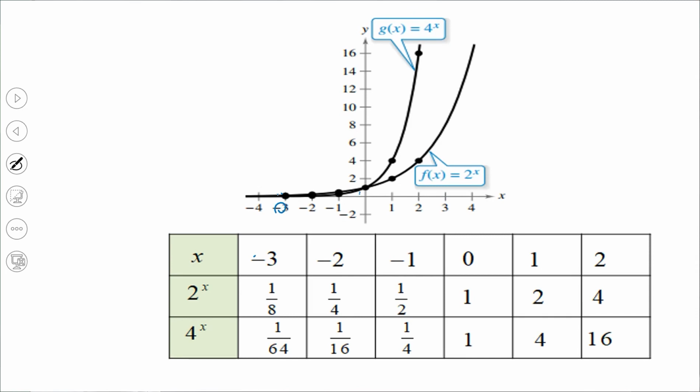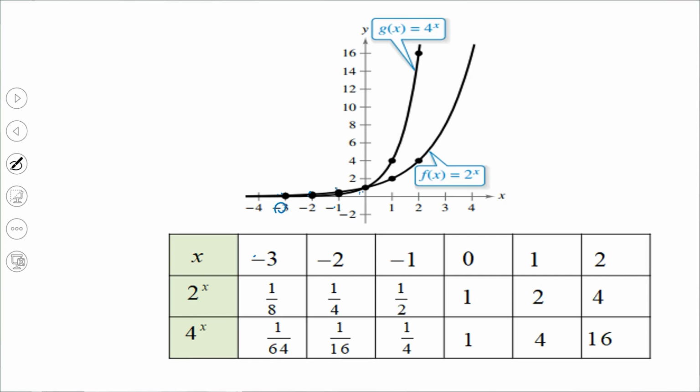If I choose minus 2, then I get 1/4. That is minus 2 and 1/4, which is this point. 1/4 is also very close to the origin. And if I choose minus 1, now I get a half. That is this point. Now it is becoming a little bit higher than the x-axis.